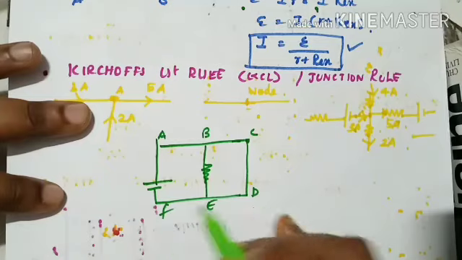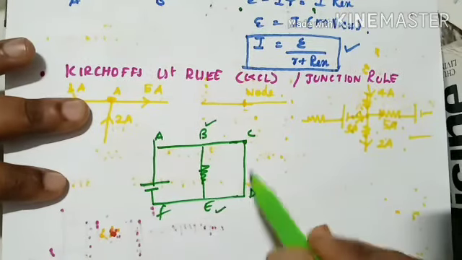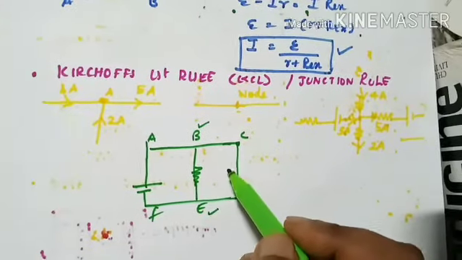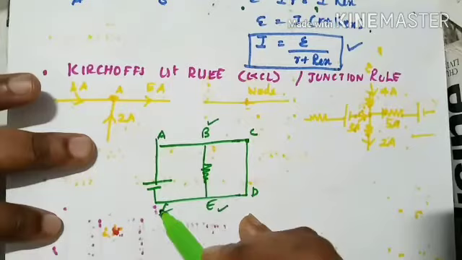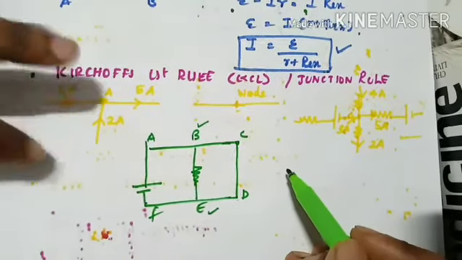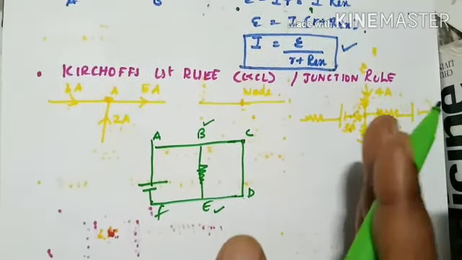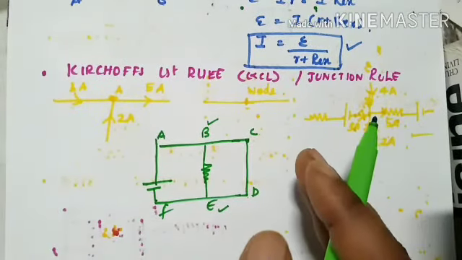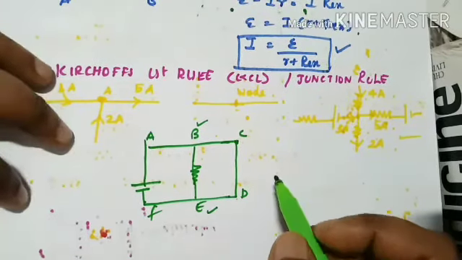No. Neither F nor D is a junction, but point B and this E, these two are junctions. Let's make that clear. What is F or A? It is a node. This one is a node. Clear? Now, don't confuse this node with the node you learned in waves and oscillations, guys. It's different. Okay.